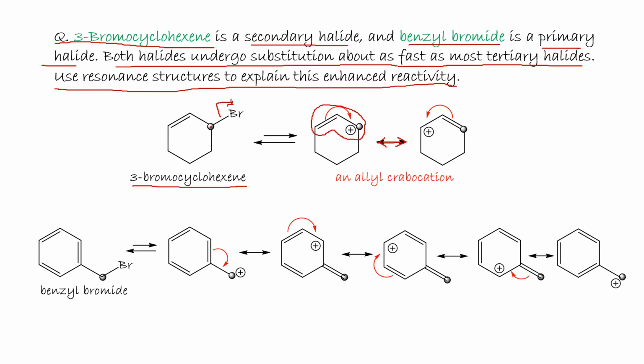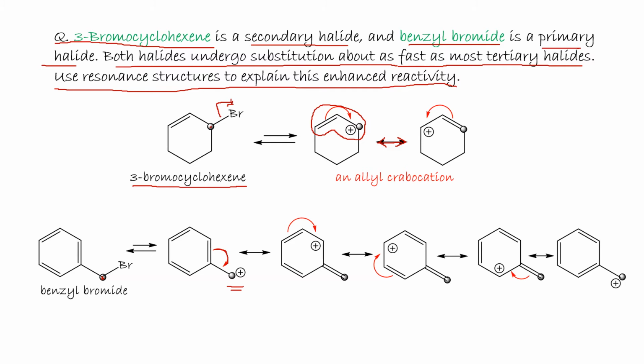For the benzyl bromide, this carbon is a primary alkyl halide and will form a primary carbocation, but this is a benzylic carbocation which will be stabilized by resonance, delocalizing the positive charge over the benzene ring, as seen here.